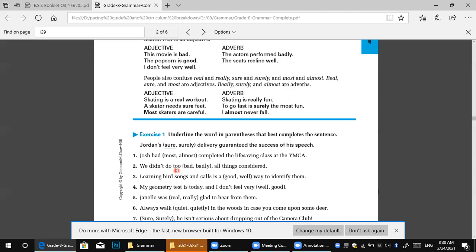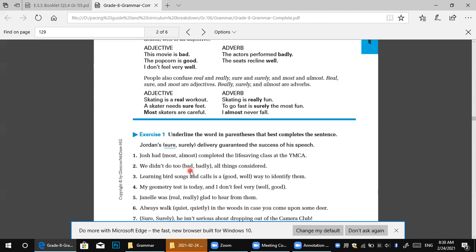Number two is going to be too bad. Why? Because here too is an adverb, and it describes the adjective. We didn't do too bad.